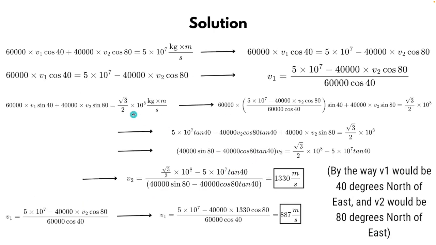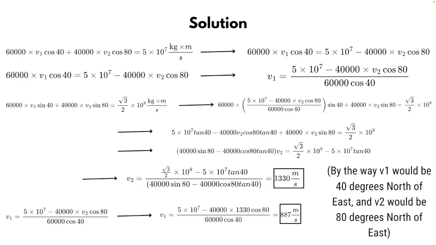Okay, so this is a bit of a tedious solution. If you want, I'll wait here a bit and you can take a look at exactly how you solve the system. Essentially, you do it by substitution, I believe. You find V1 in terms of V2, then apply that back into one of the equations, and that way you can solve for V2, which ends up being 1330 meters per second.